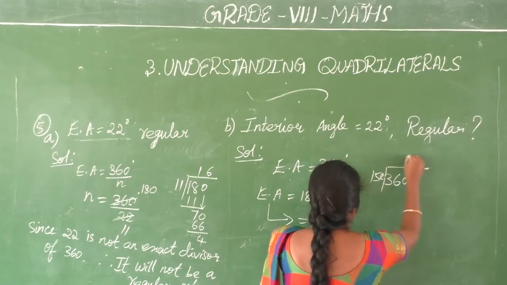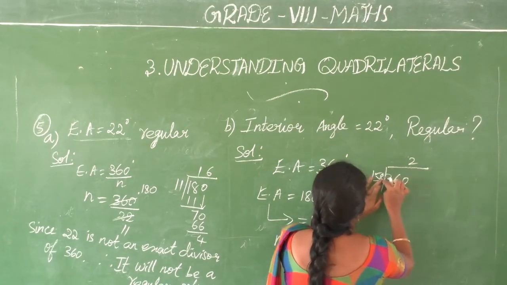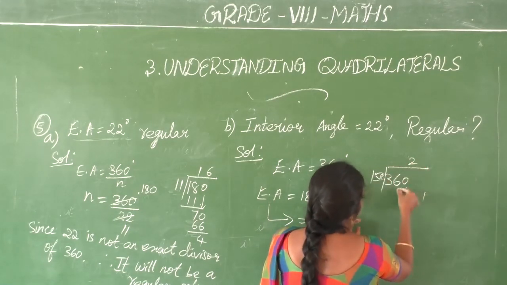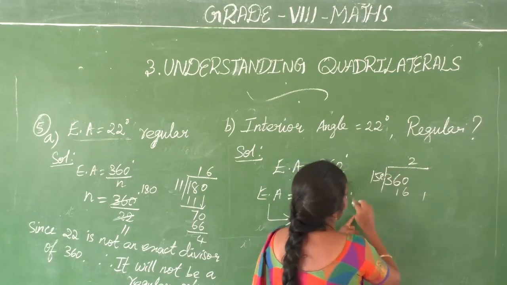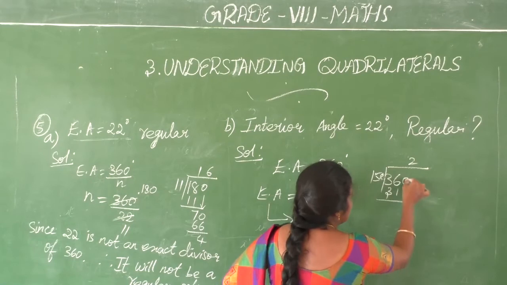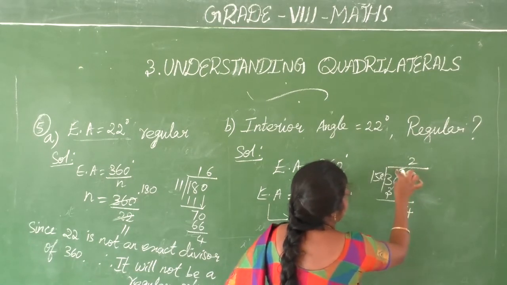How many times? 2 15s are 30. 2 times we will try. So 2 8s are 16. Remainder 1. 2 5s are 10 plus 1, 11. Remainder 1. 1 2 is 2. 2 plus 1, 3. 316. 2 times. Subtract. 0 minus 6, 4. At the time 5 comes.